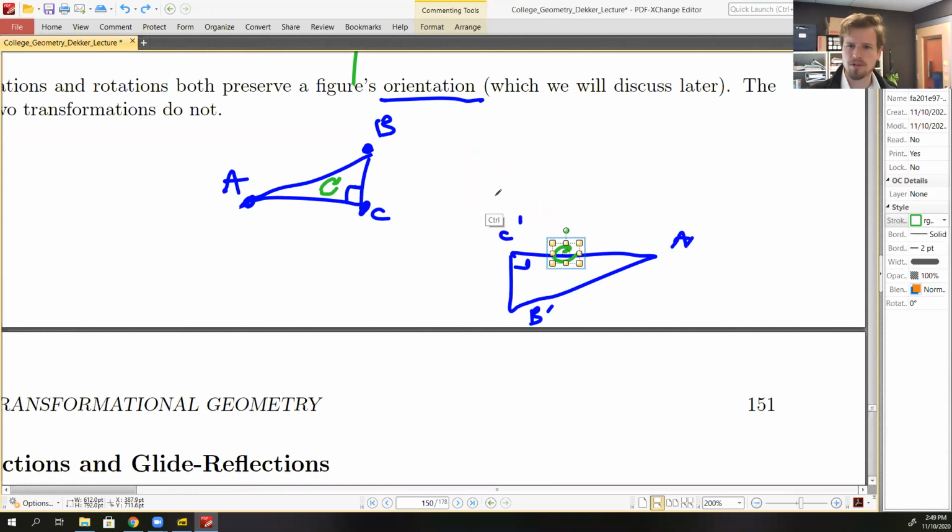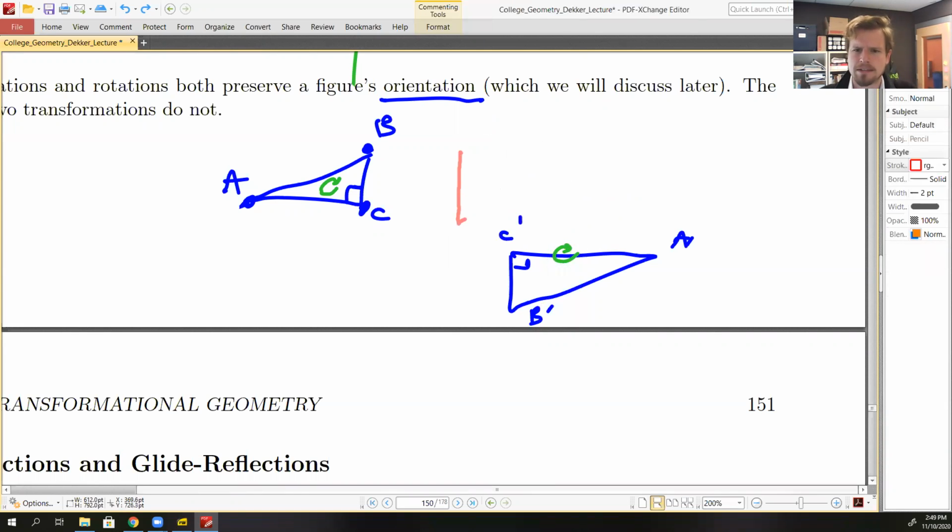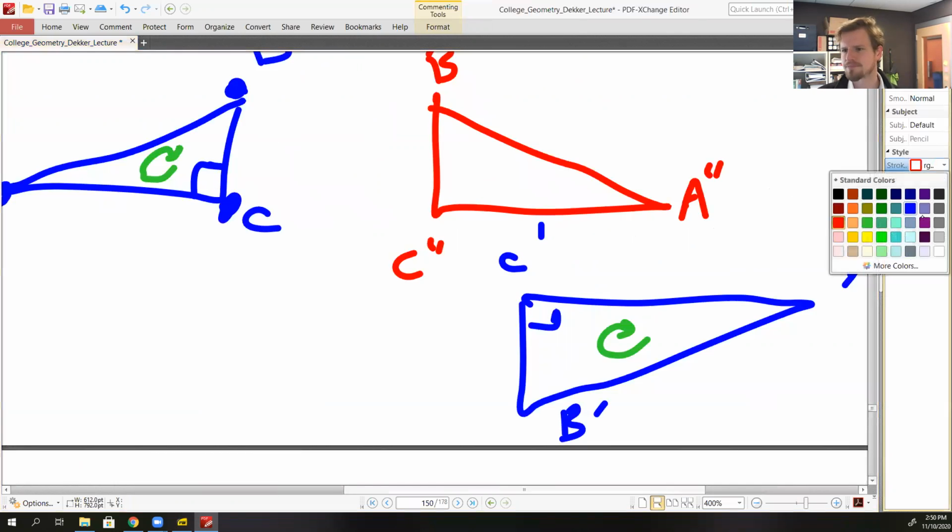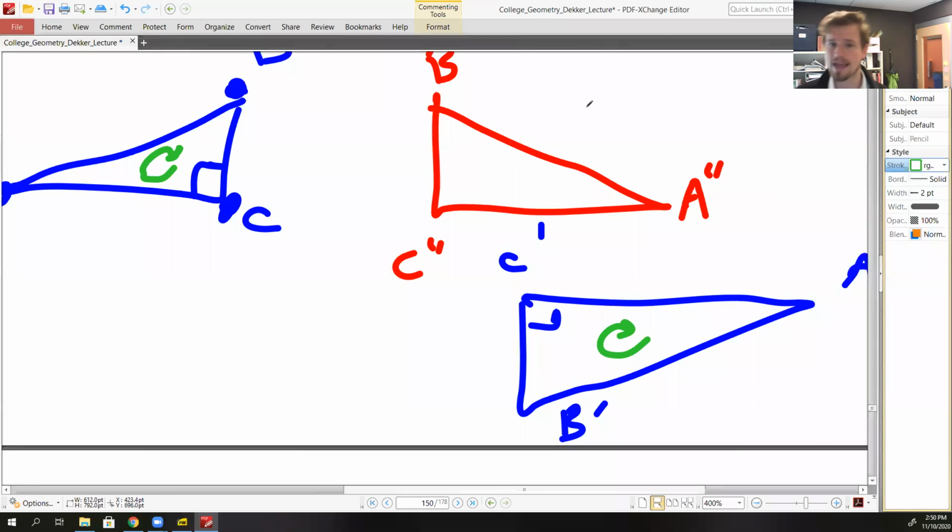Oops. Well, that's not what I wanted to do. All right, let's try that again. I'm going to move this and then take a look at A double prime, B double prime, and C double prime. There we go. So now if I zoom in on this and I consider traveling ABC, I notice that I'm traveling ABC in this direction, counterclockwise.